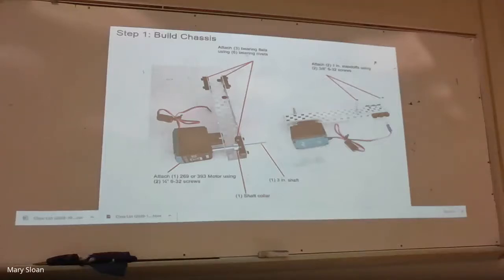And that might help. These are yours. Okay, what else do you need? Yeah, I need one of these. I don't think we have them.